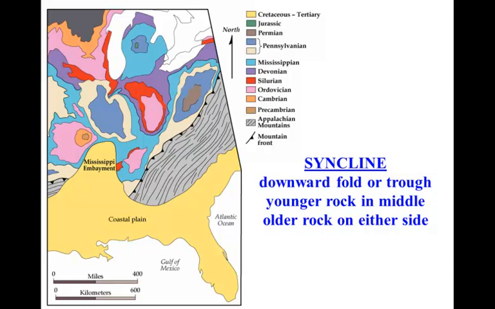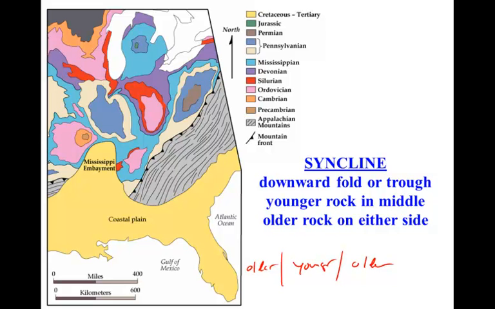What about synclines? Can we find any synclines in the map area? A syncline would have younger rock in the middle, older rock on the edges, the opposite of an anticline. Can you find any synclines in the map area?